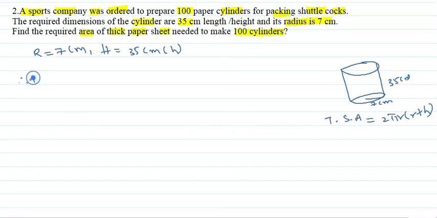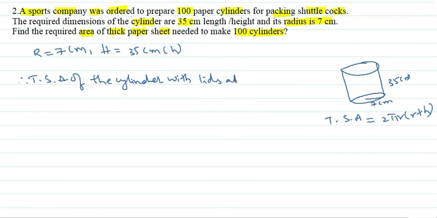Therefore, total surface area of the cylinder with lids at both ends is equal to 2 pi r into r plus h.